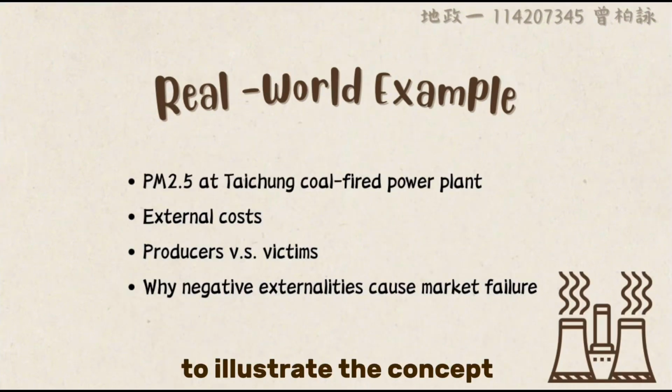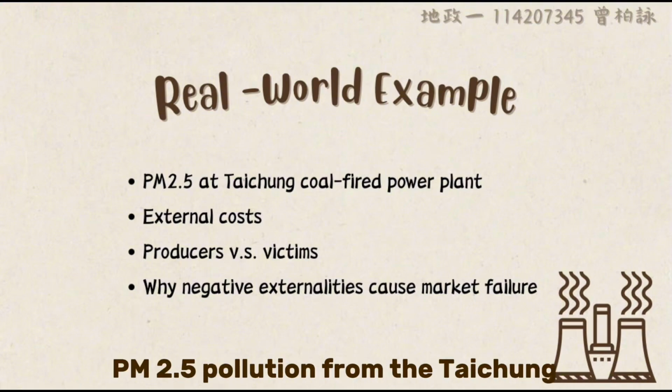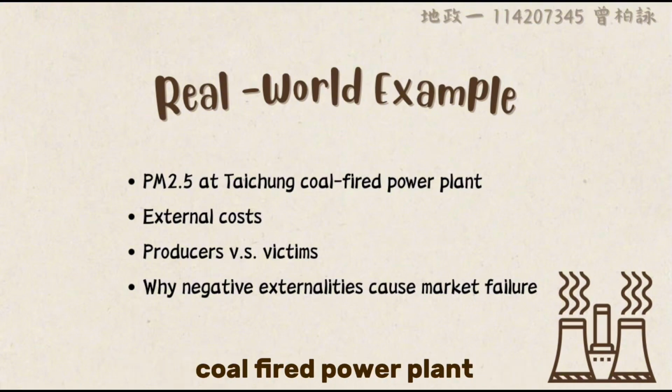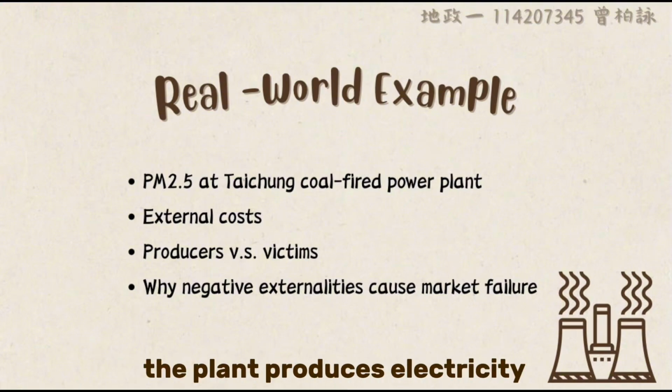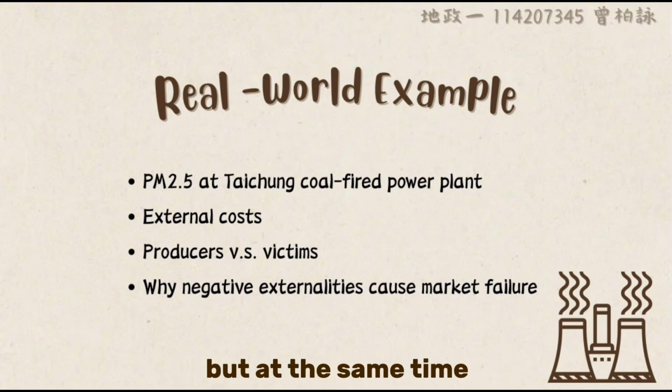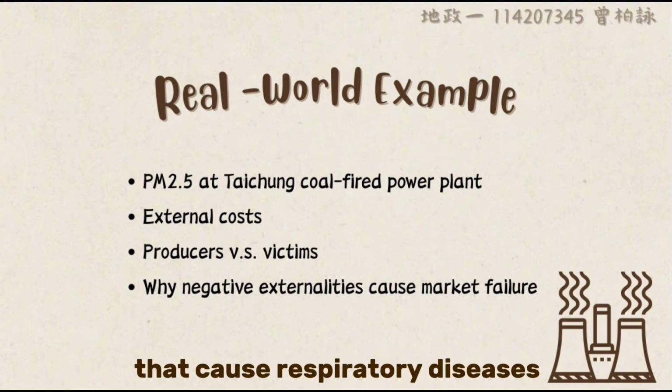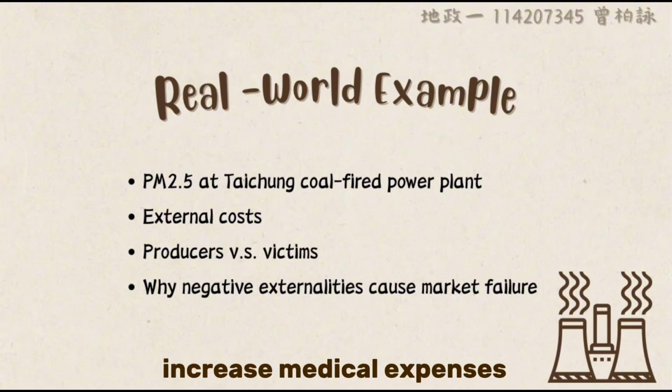To illustrate the concept, I will use the example of PM 2.5 pollution from the Taichung coal-fired power plant. The plant produces electricity, but at the same time it emits fine particles that cause respiratory diseases, increase medical expenses, and reduce visibility.